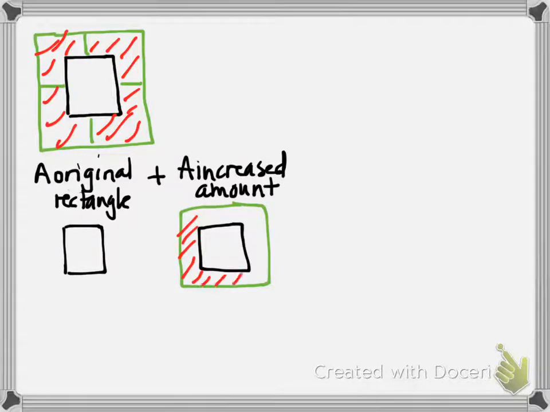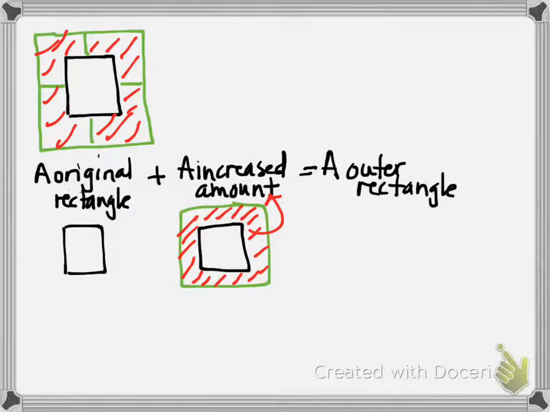All we're focusing in on is the red portion. And that's going to be equal to the area of the outer rectangle, which in this drawing would just be the large green one. Okay?